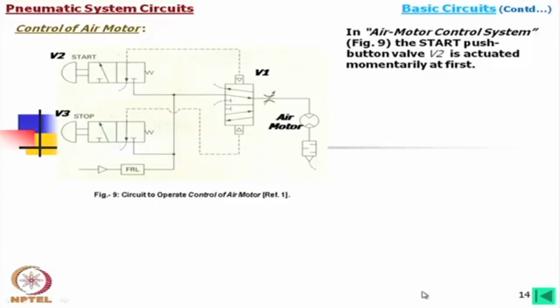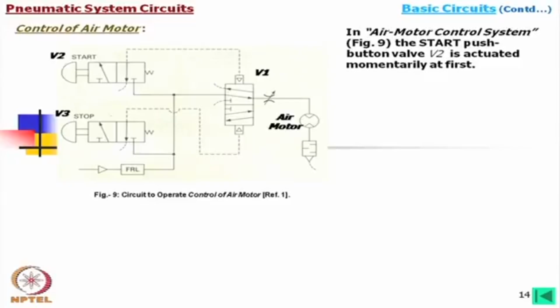Now, control of an air motor. Here, instead of an actuator, we use a motor, and this one is the silencer. Usually with cylinders there may be a silencer, but it is not very sophisticated.